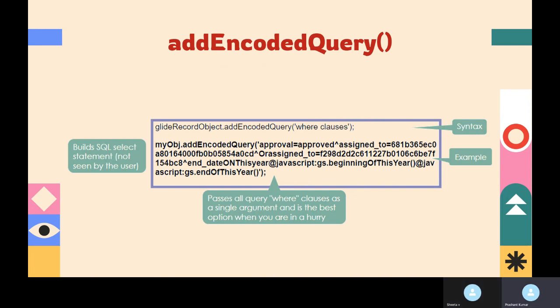From there you can copy the query directly, and you can use the method GlideRecord object dot add encoded query, and under it you can define that complete query. You don't have to write or check anything. I will show you how this encoded query works with an example.